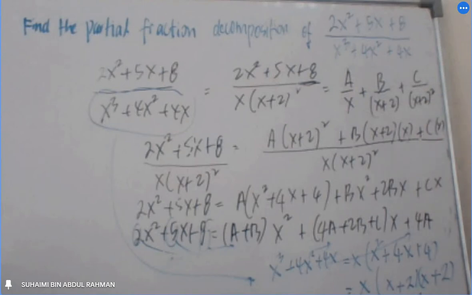Rule B is B over x plus 2 plus C over x plus 2 squared. Why do we stop at x plus 2 squared?